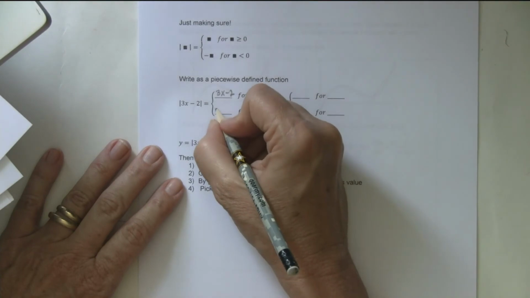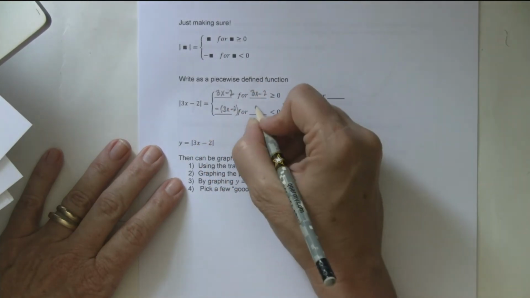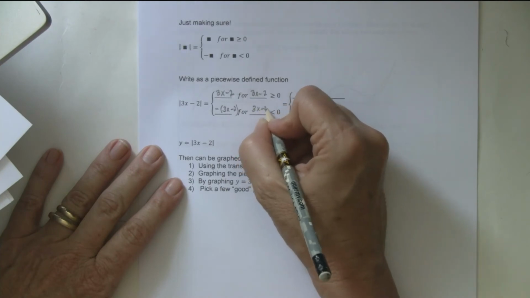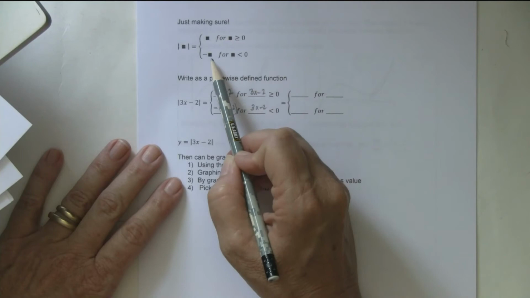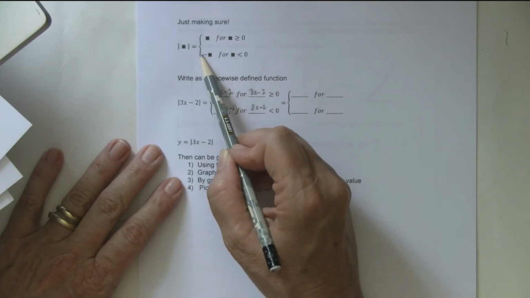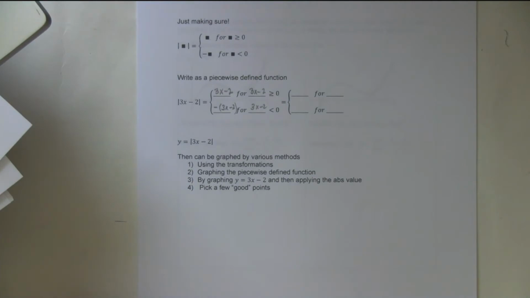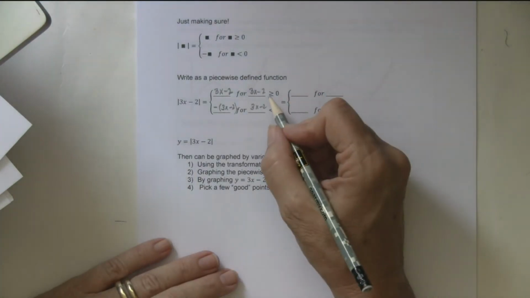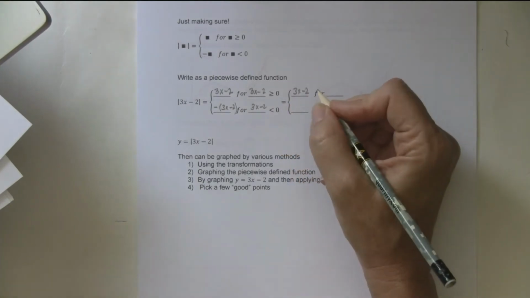Here would be the opposite of 3x minus 2. And right here would be 3x minus 2. See how here it's the same, the same, the same, and that one spot, it's the opposite of it to get it going, right? So this is 3x minus 2, there's no problem here.